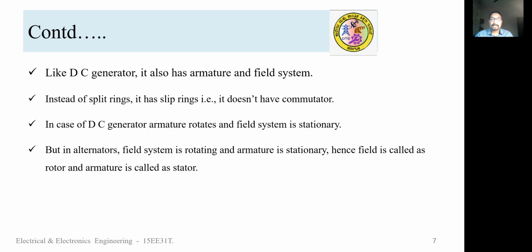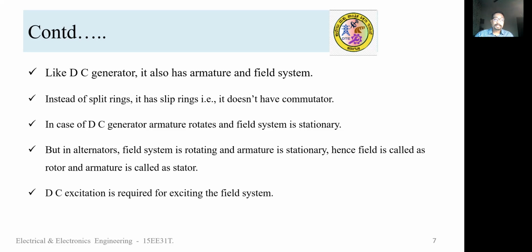The armature conductors are stationary, hence the stationary part is called the stator. In an alternator, the armature is the place where the conductors or winding are placed, which is stationary. Hence the armature is also called the stator. Remember, the rotor is rotating, hence the field system is rotating, hence it is called a rotor.